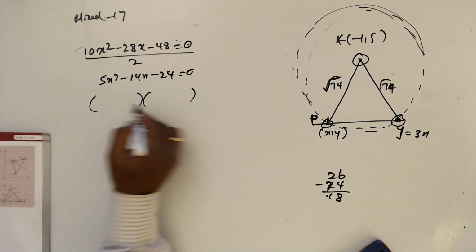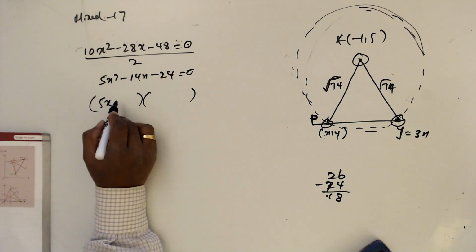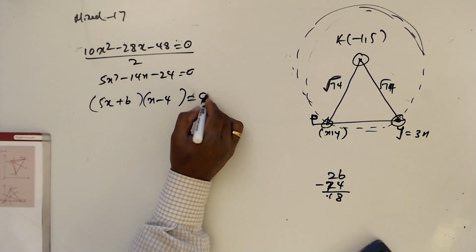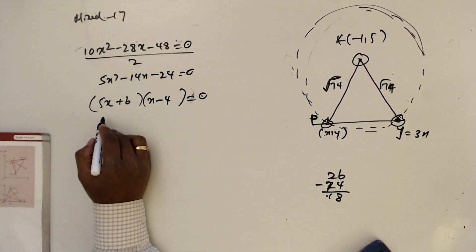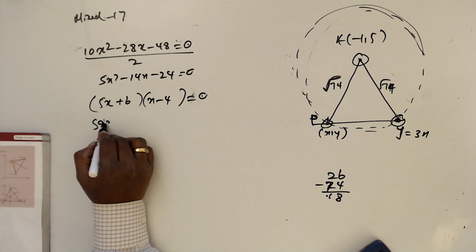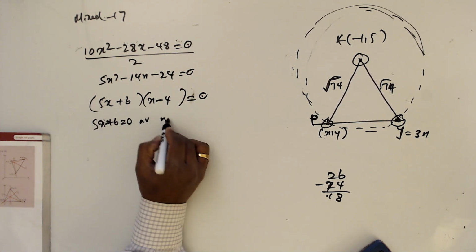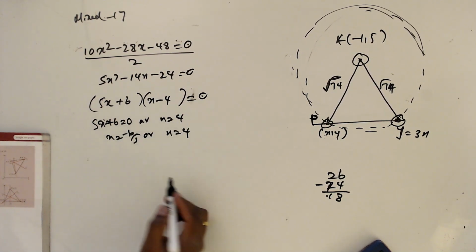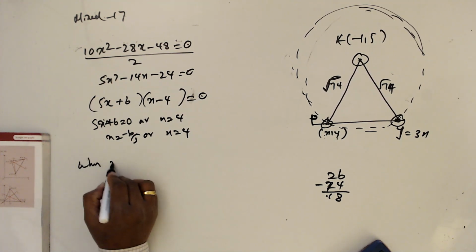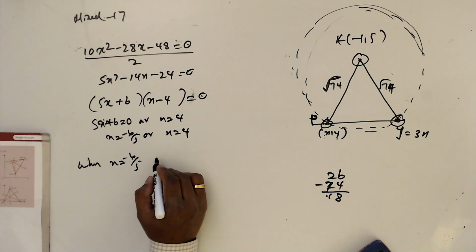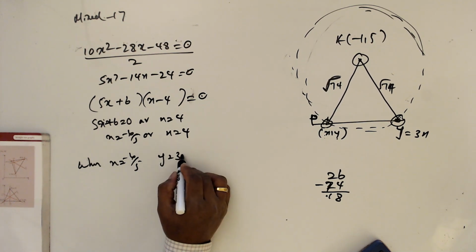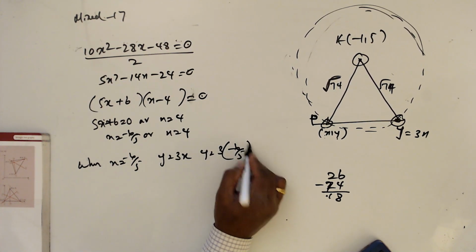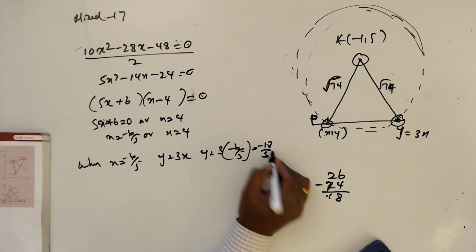I can factorize this one: 5x plus 6, x minus 4 equals 0. So 5x plus 6 equals 0 or x equals 4. x equals minus 6 over 5 or x equals 4. Now when x equals minus 6 over 5, y equals 3x, so y equals 3 times minus 6 over 5, which is minus 18 over 5. So the point is minus 6 over 5, minus 18 over 5.